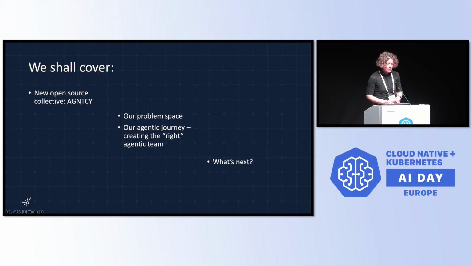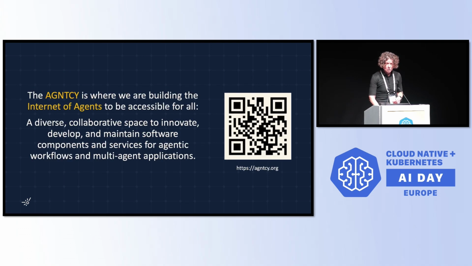And then I want to talk about the core use case that my talk is about: looking at applying GenAI to infrastructure as code problems that are causing users toil today. I hope I have enough time for a couple of short demos. And then we'll talk about what's next, both for the work that my team has been doing at Outshift, but also for the new open source collective.